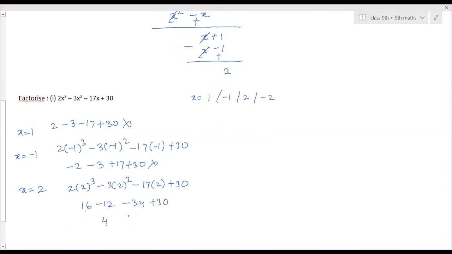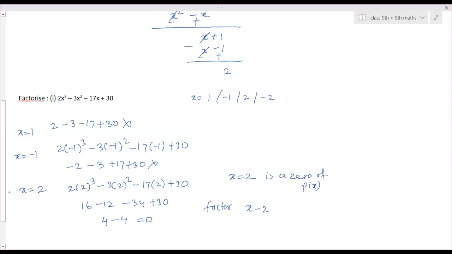Minus 34 plus 30, minus 4. So answer is 0. That means x is equal to 2 is a zero of p(x). So what is the factor then? x is equal to 2 is a zero, so what is the factor? x minus 2.